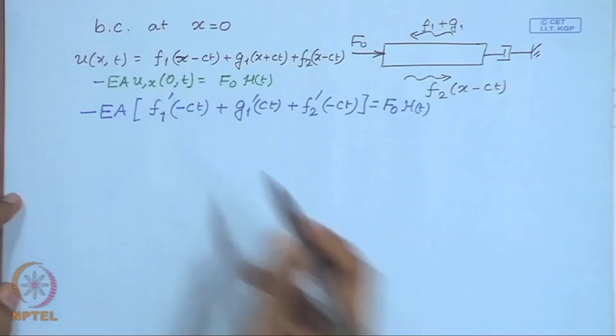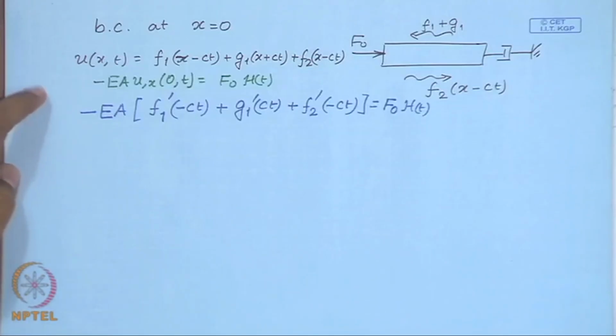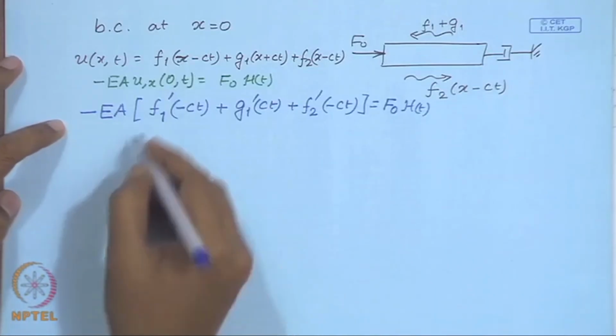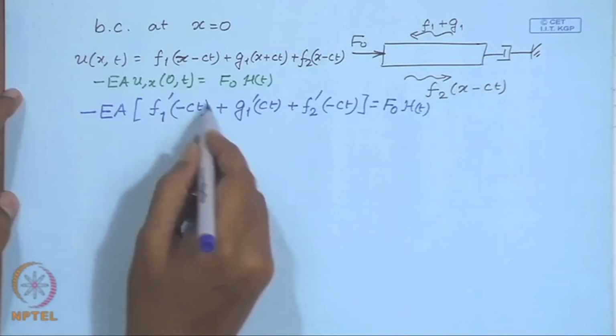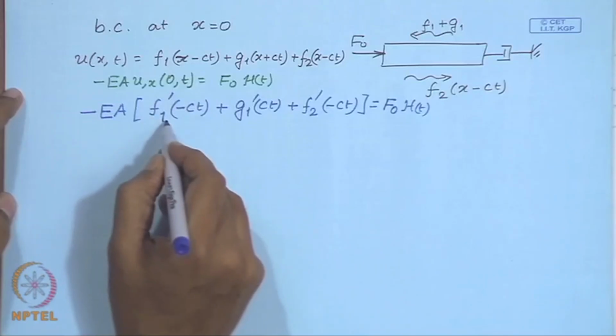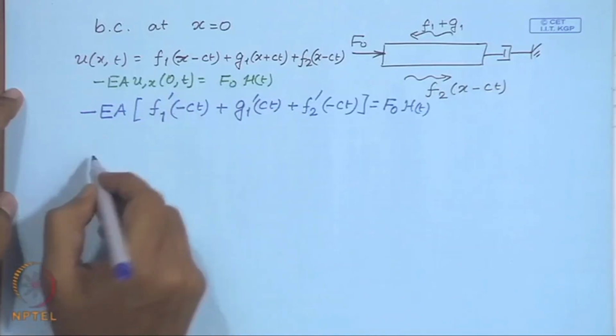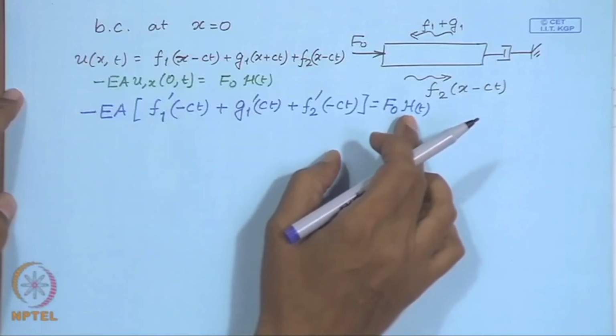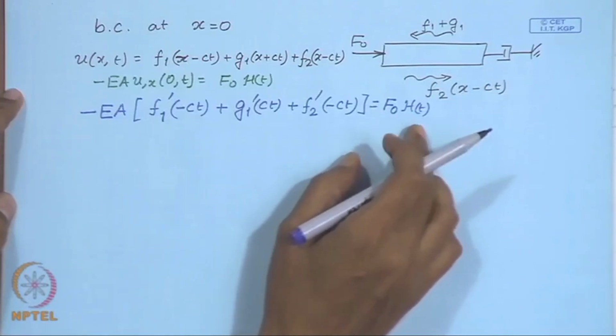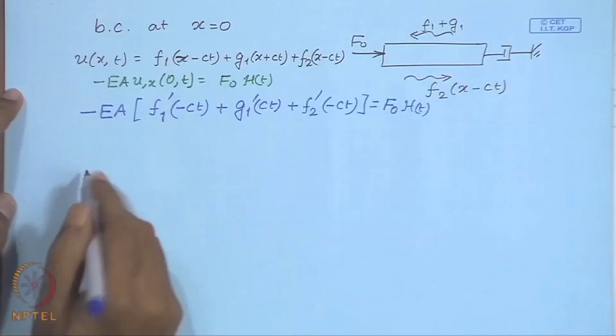So, from there we can obtain this expression, and finally, when you use the expression of f 1 in here, and that will cancel off with f naught h t, because that was how we solved for f 1.